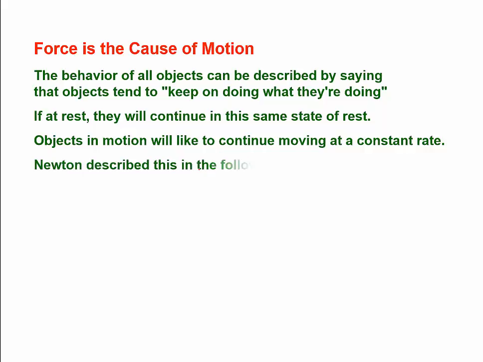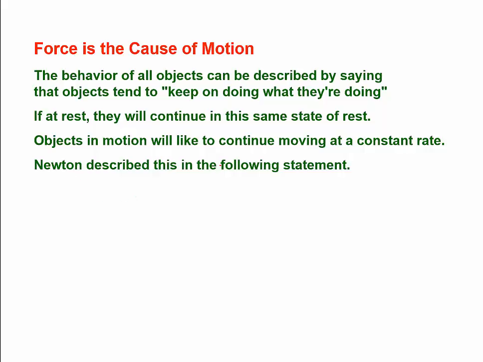Unless what happens? What can change this? The only thing that can change this is a force. So an object at rest will move only if there is a force acting on it. An object in motion can change that state only if there is a force acting on it.